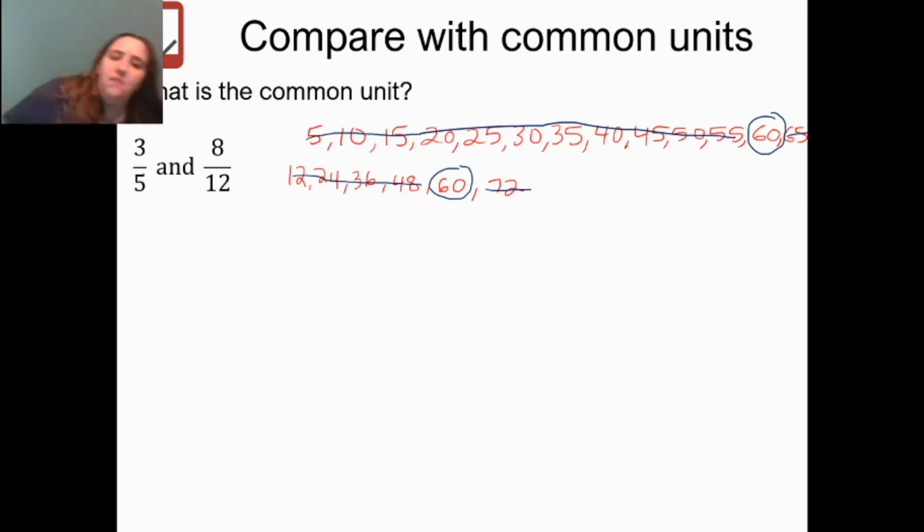So how many times do you have to multiply 12 to get to 60? Well, it was 12 times 1, 12 times 2, 12 times 3, 12 times 4, 12 times 5. Oh, well, we could have, again, so you can list them out like this, but oftentimes, like I just said, the lowest common multiple between the two numbers is often if you just multiply them together. So that's kind of a little trick that you can do, but it might not always be the lowest common multiple.